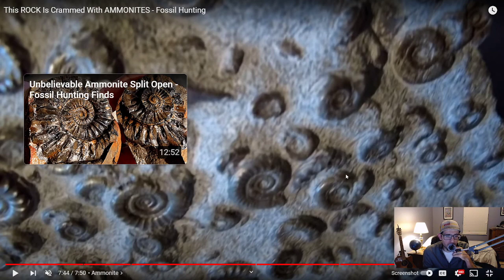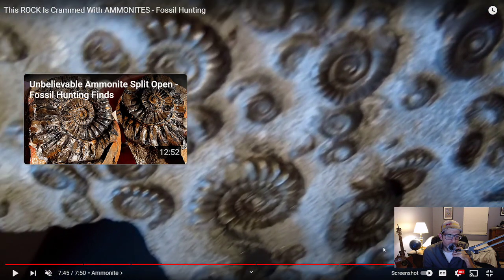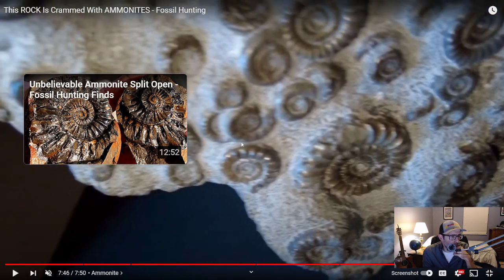Also clockwise, also spaced. Clockwise, spaced. Clockwise, clockwise, counterclockwise, closer. Counterclockwise, but close to this one too.